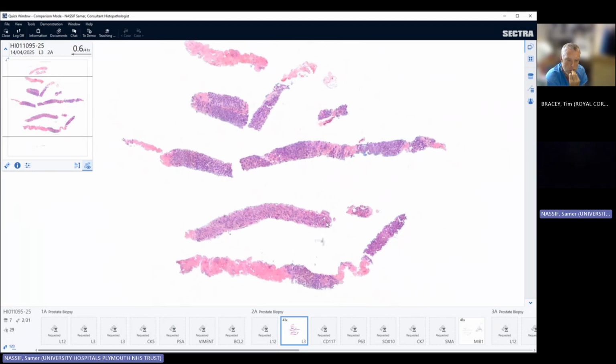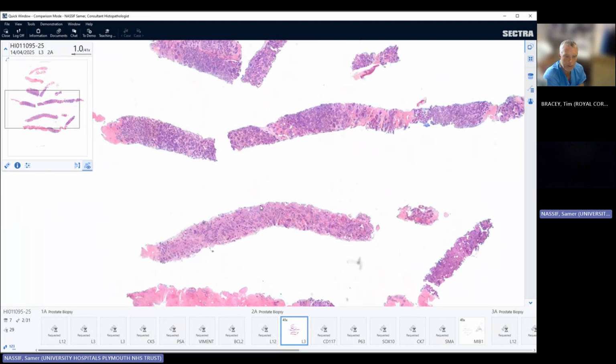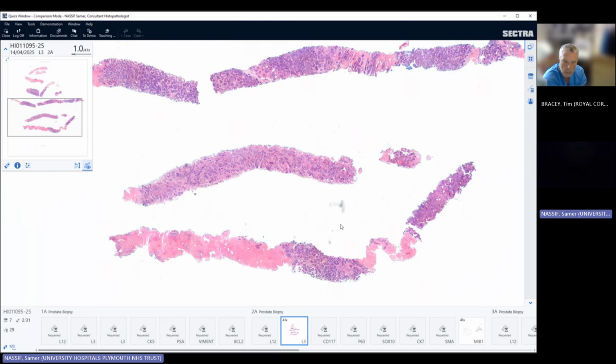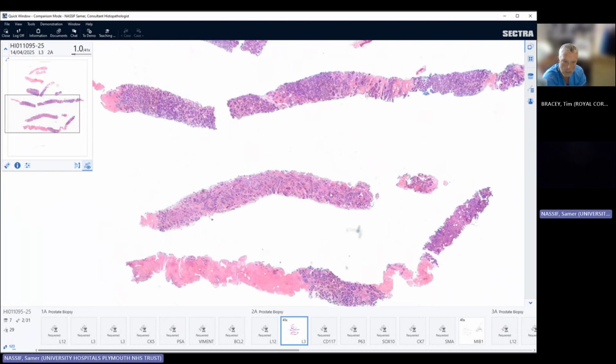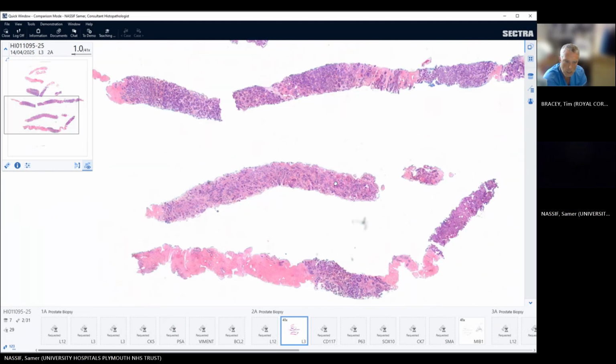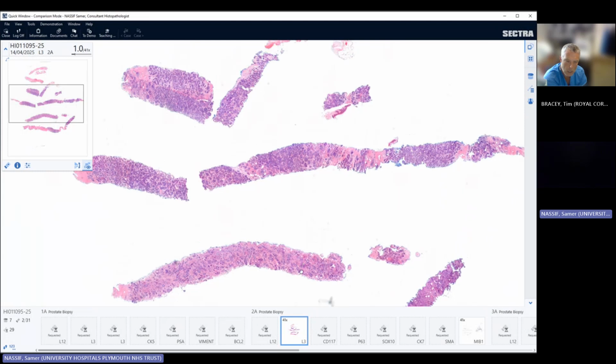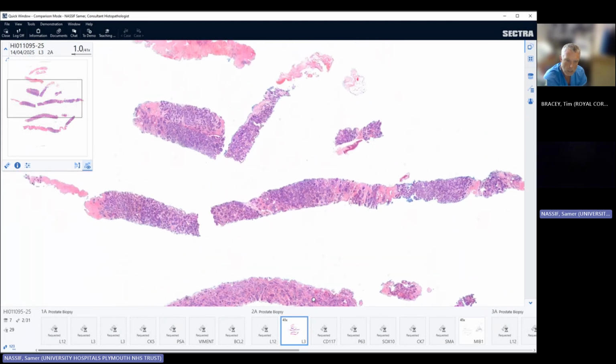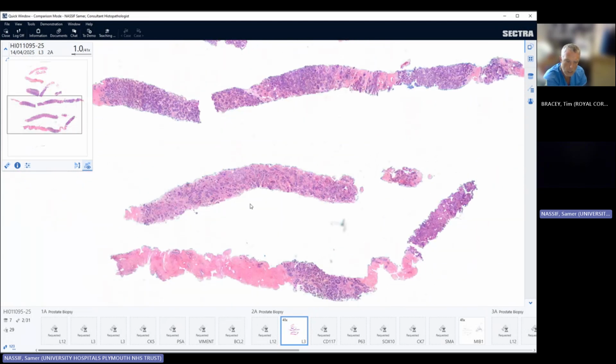So even though there's more blue stuff, the impression I get on low power is that it's still kind of a lobular configuration. Now, there's no perineural invasion, extraprostatic invasion, or necrosis in this material.